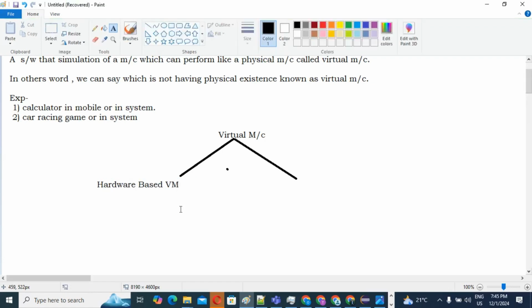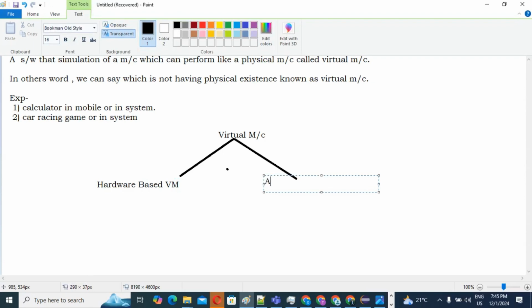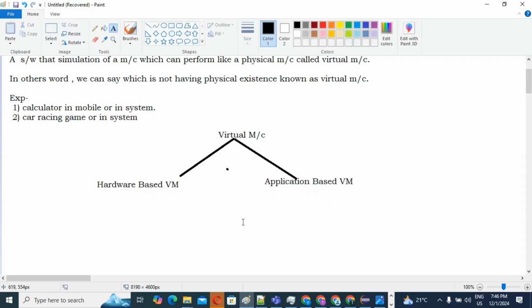Next is application based virtual machine. Correct, guys? So we have two types of virtual machine. First is hardware based virtual machine and next is application based virtual machine. Then we need to understand what is the hardware based virtual machine and what is the application based virtual machine.